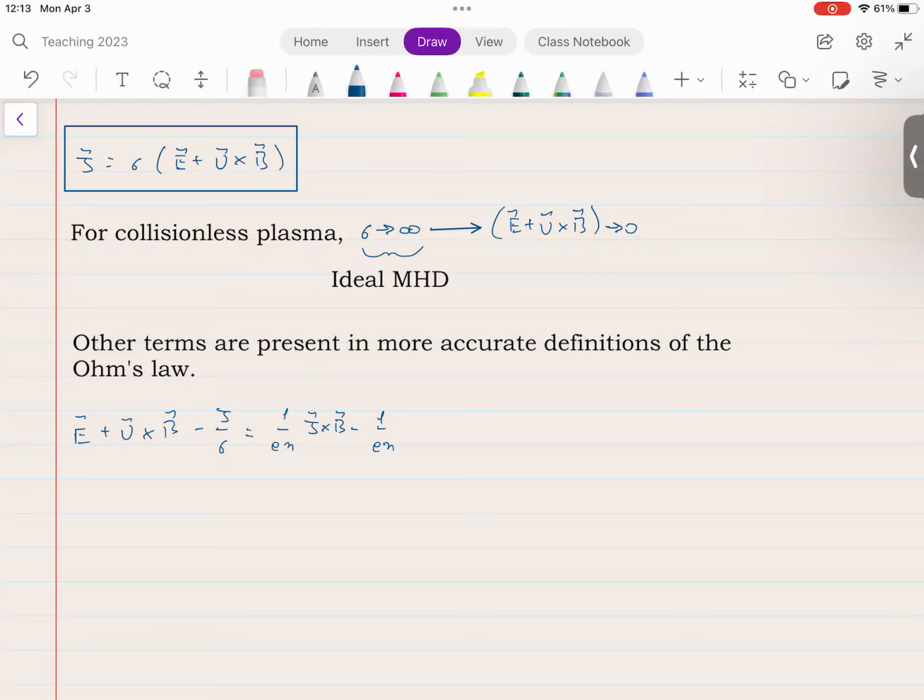Divergence of P_e, the electron pressure term, and then there is a term that especially in fusion plasmas never quite shows up. So that's dJ/dt plus divergence of (J U plus U J).